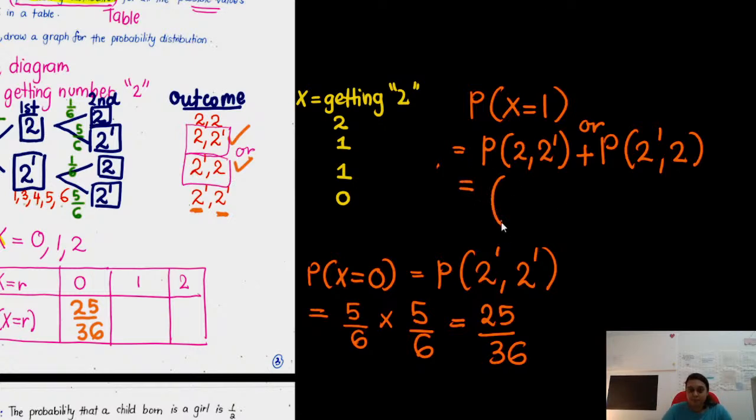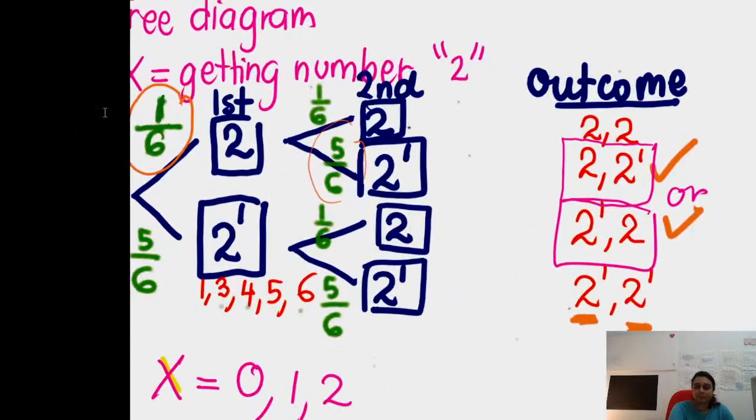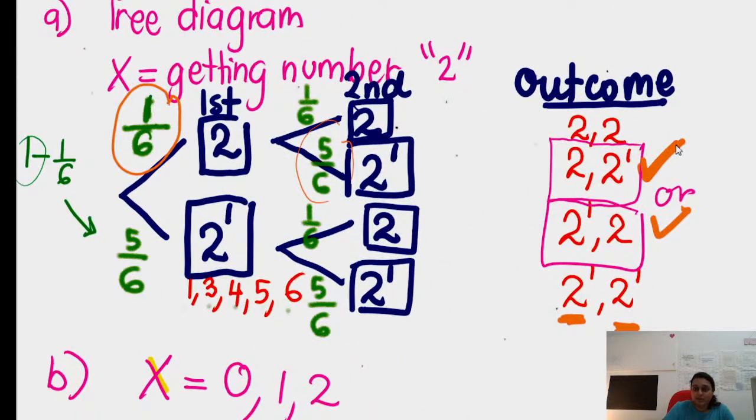So therefore, to get the 2, what is the probability of getting 2? So you see the first one, 1 over 6. Okay, so 1 over 6 times the probability of not getting 2, 5 over 6. Okay, so you just copy from here. For this one, teacher is taking the 2, right? 2, you take this, 1 over 6. 1 over 6 times not getting 2.